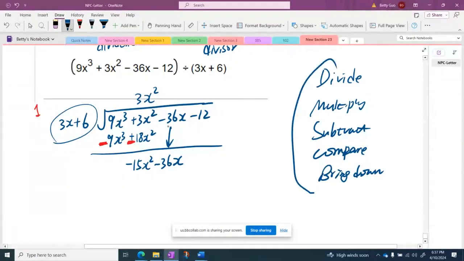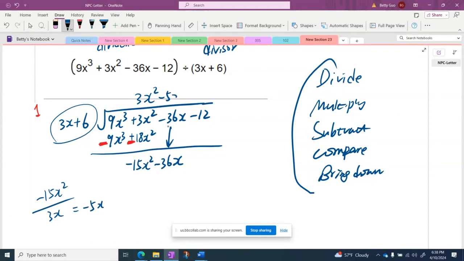So we are going to start the second round. Use the leading term in the new dividend divided by the leading term in the divisor. And we have 5x. And we put the 5x on top of the roof, aligned with negative 36x. And then we multiply the quotient we just got by the divisor, 3x plus 6, distribute: negative 15x squared minus 30x.